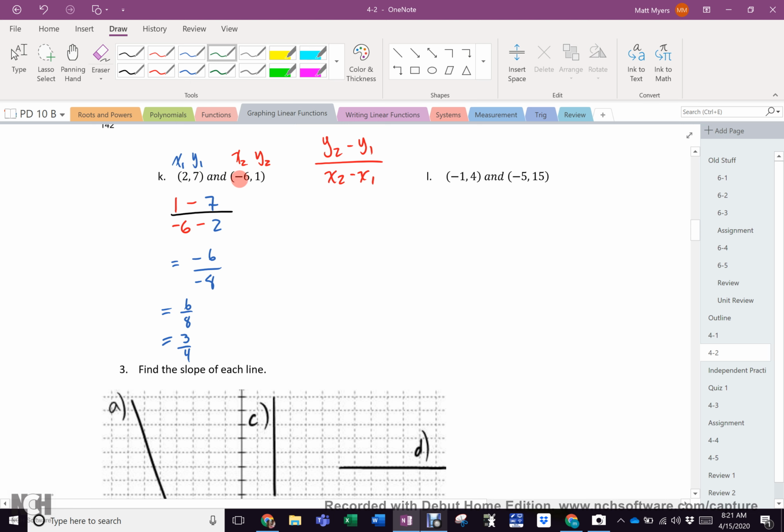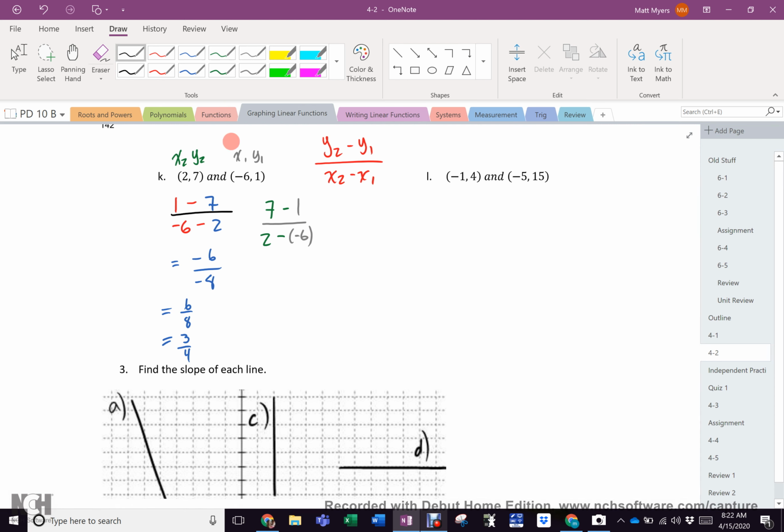Now some of you will say, oh, Myers, whatever. I didn't want to label them that way. Okay, you maybe, kid, decided to go with this being x2 and y2, and this being x1 and y1. So for you, you would have gone 7 minus 1 over 2 minus negative 6.